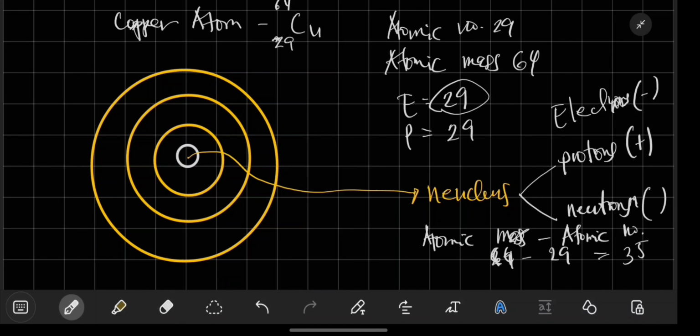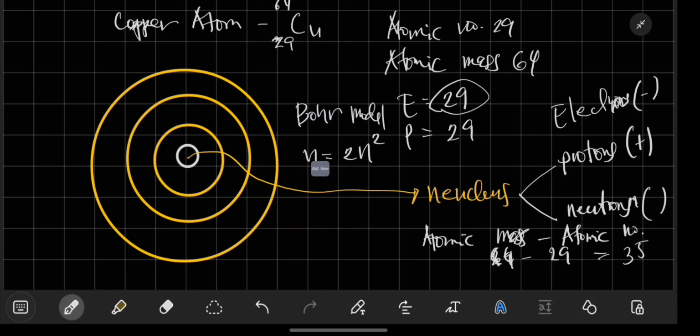So, if you recall the formula for the Bohr model, that is equal to the number of electrons in each orbit. This is maximum. That is equal to 2n squared. Okay?